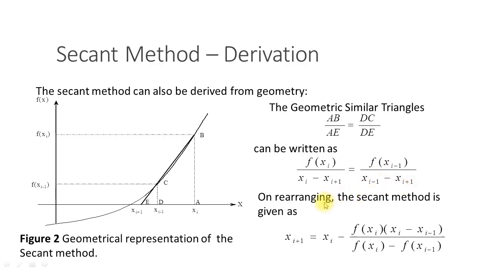On rearranging, the secant method is given by xi plus 1 is equal to xi minus f of xi into xi minus xi minus 1 divided by f of xi minus f of xi minus 1.